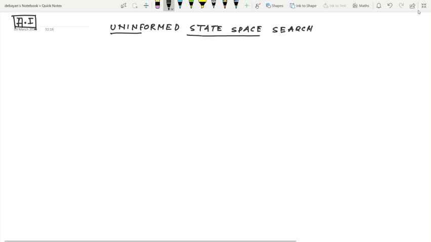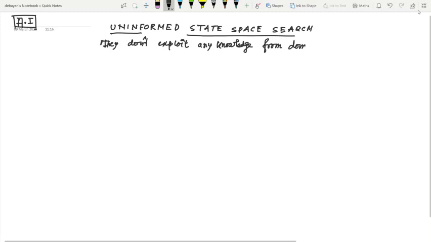The uninformed state-based search means that this type of algorithm doesn't exploit any knowledge from the domain. That is what I can say about uninformed state search.